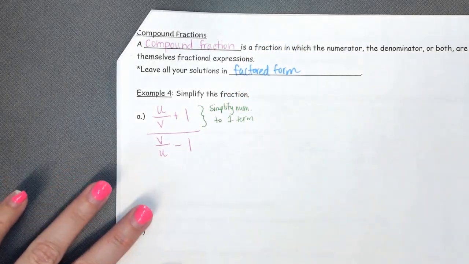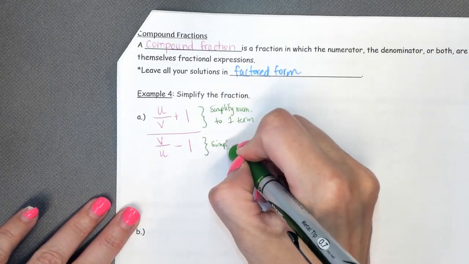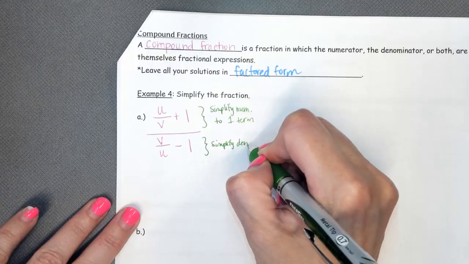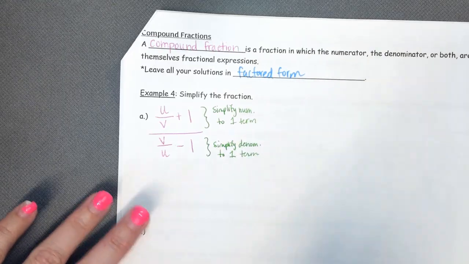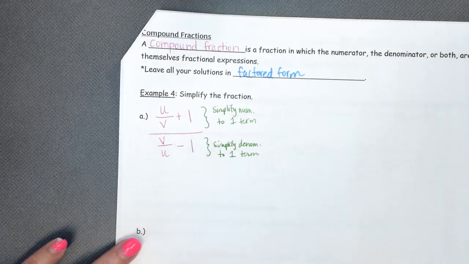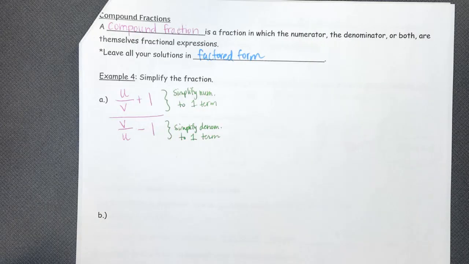If we can simplify that to one term, and if we can simplify the denominator to one term, then we can keep, change, and flip. So that is going to be our goal.